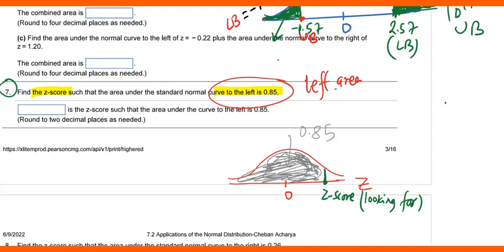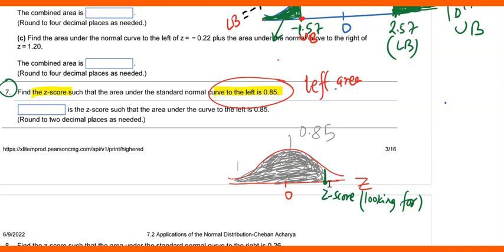See, the area here on the left, that's given. Make sense? Area is given. Actually, left area is given from that point, which is 0.85, or 85% of the area is in this shaded region. And what is the point going to be?